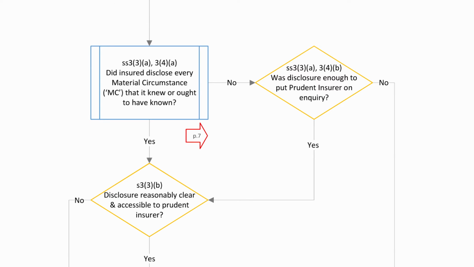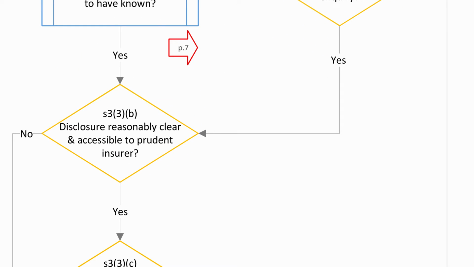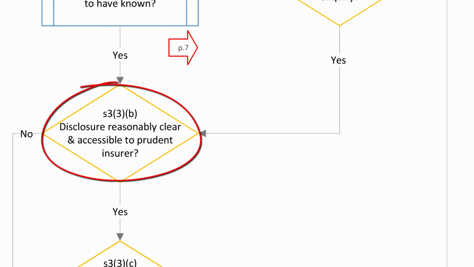Let's go back to these earlier questions. Say your answers have led you to this question: was this disclosure reasonably clear and accessible to a prudent insurer? That requires you to look at the way in which the risk was presented. The presentation may have been straightforward in some smaller claims, perhaps through completion of a proposal form, but for more complex claims there might be a large amount of information to assess.